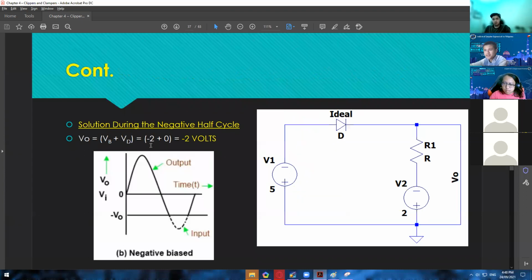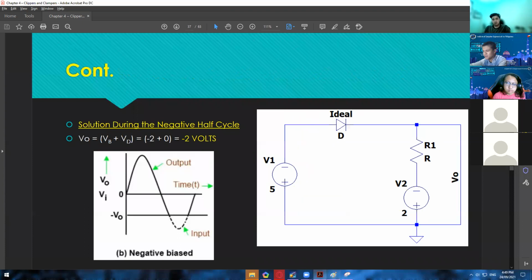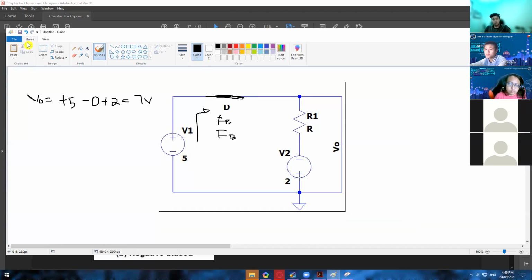Okay, so during the negative half cycle, just interchange this one. So negative is connected to positive, and positive is connected to negative. Same scenario, just like what we have on the third example.